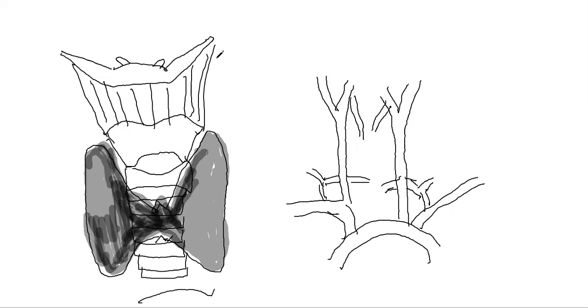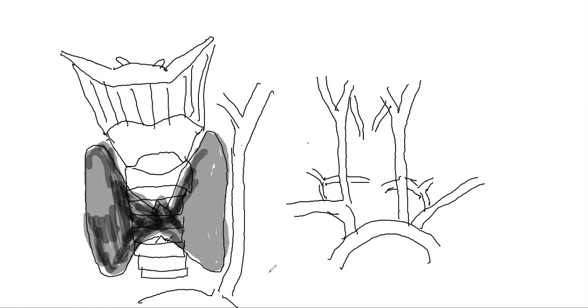So I'm going to draw the arch over there. That's the left common carotid going all the way up, dividing into two parts. And then you have the left subclavian over here.